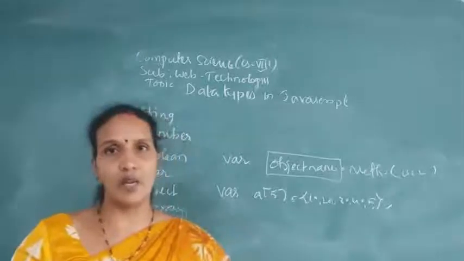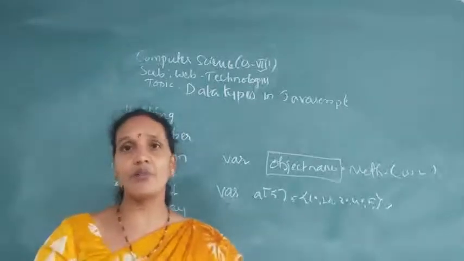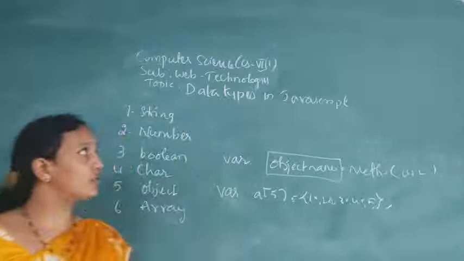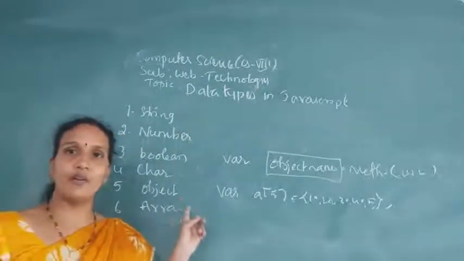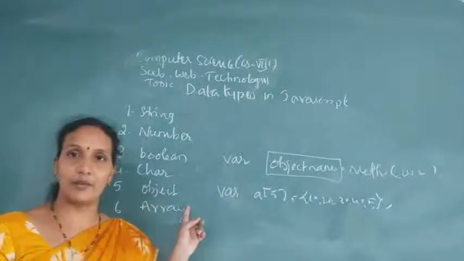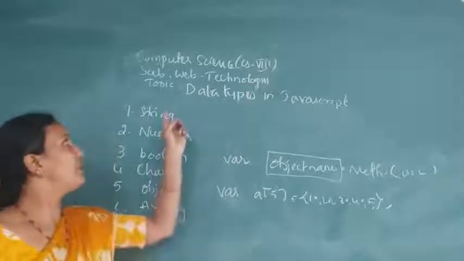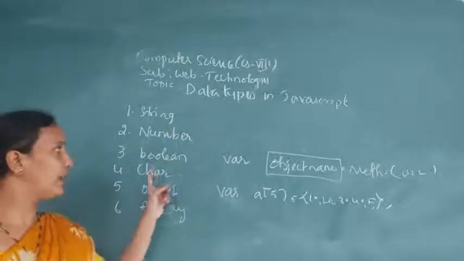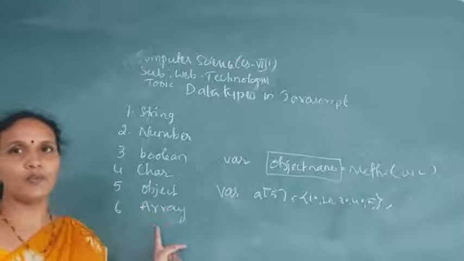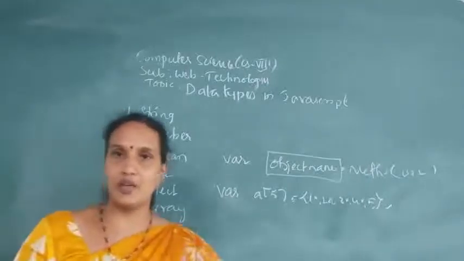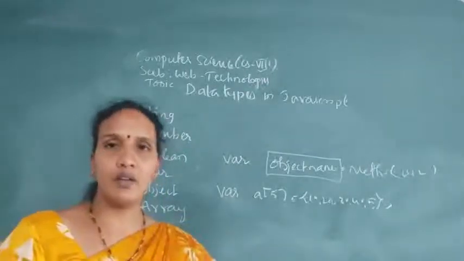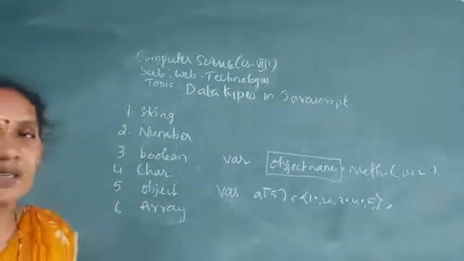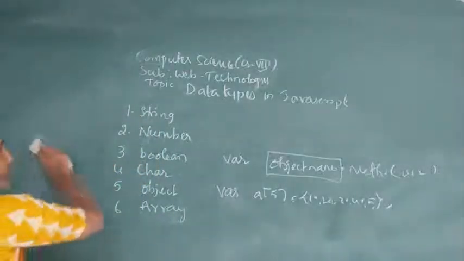The system will give the data type of that variable. So the user can store different types of values in a variable: string, number, boolean, char, object and array. You can expect this question as a short answer only. Clear? So this is about your JavaScript data types.